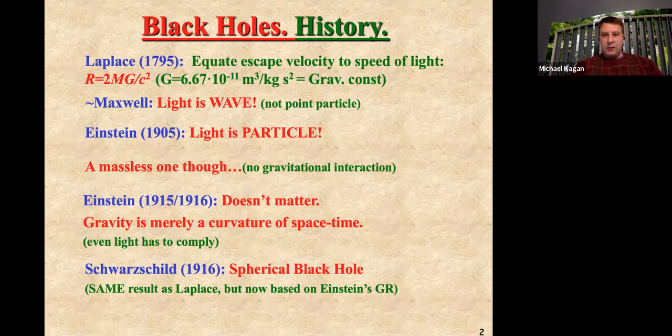So he derived this while wounded in the hospital, and he died soon after. So this was the last thing he did. Ironically, we don't remember anything else he did, even though he did quite a few things by then. This is the main thing that we attach his name to: Schwarzschild radius, Schwarzschild black hole, and so on.